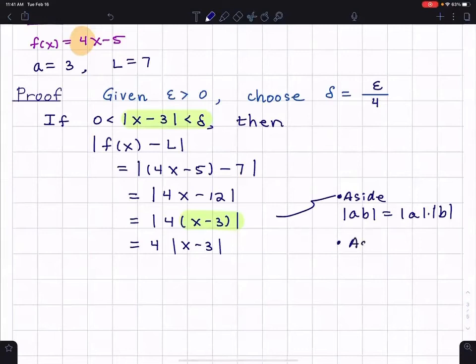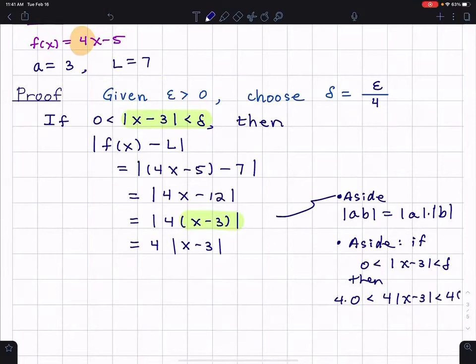Another aside is, if 0 is less than absolute value of x minus 3 is less than delta, then if I multiply by 4, times 0, that's less than 4 times absolute value of x minus 3, less than 4 delta. I'm just multiplying everything by 4. I said 3 more than once.